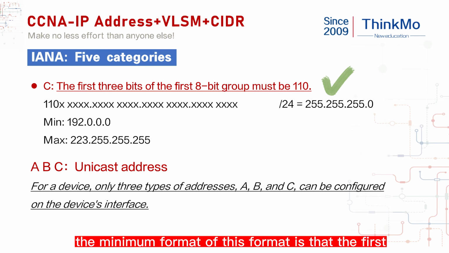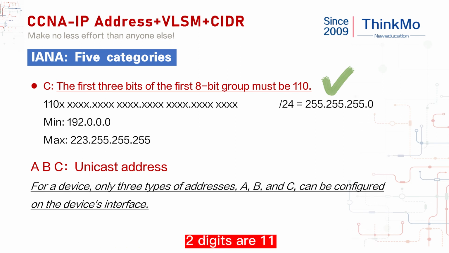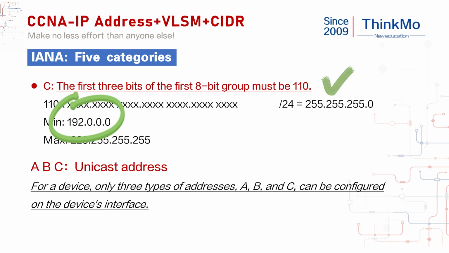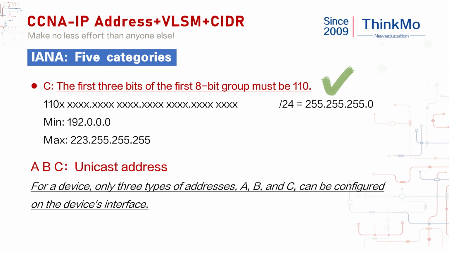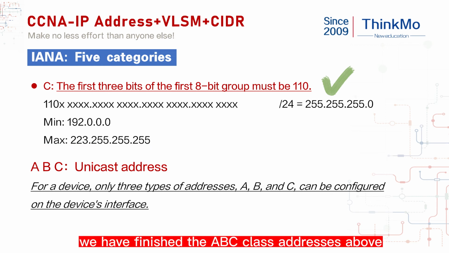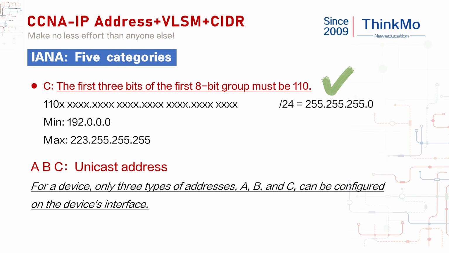The minimum format is that the first 2 digits are 11, then everything after that is 0. That is, 256 minus 64 is 192. The biggest is 110 followed by 5 1s. Okay. That is 223.